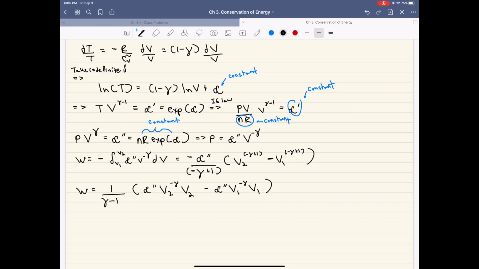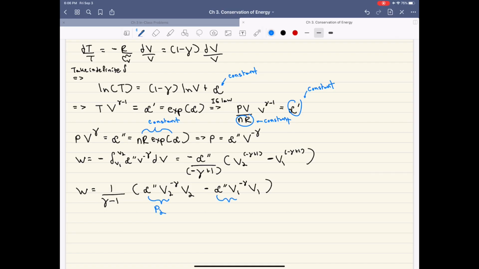Okay, and the reason I do all that is because this alpha double prime times V2 to the minus gamma is exactly what we said pressure was equal to, just up earlier. And so this segment right here is just equal to P2.